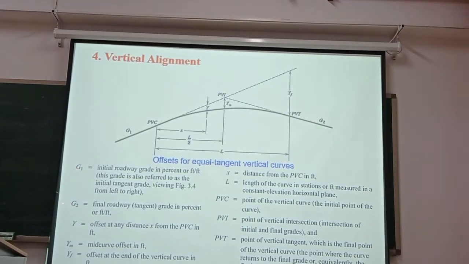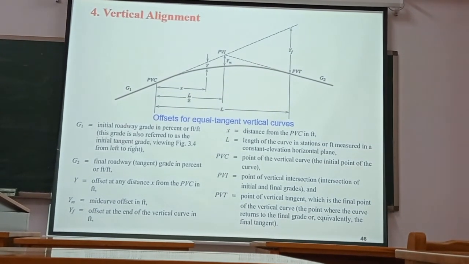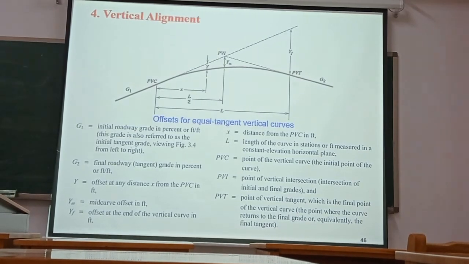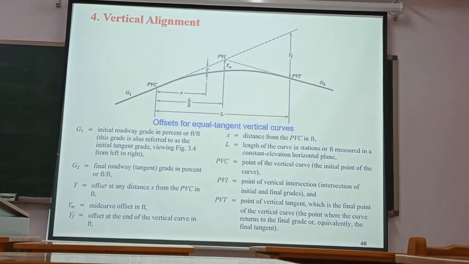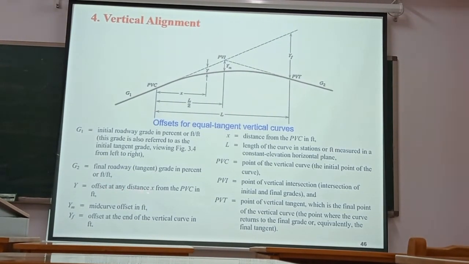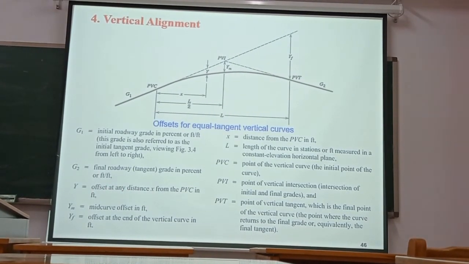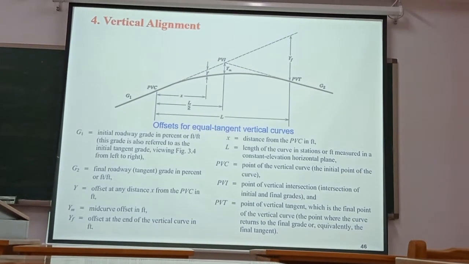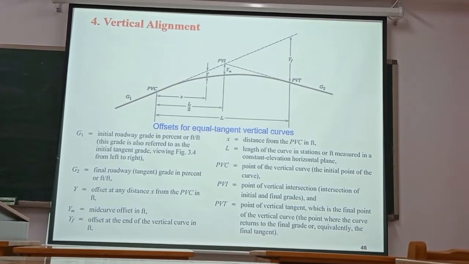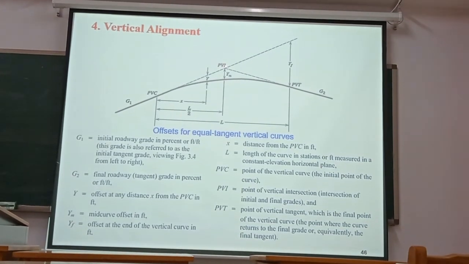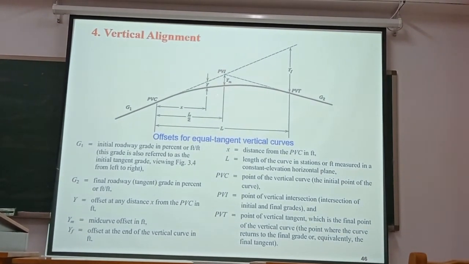G1, G2 is like before. Y is offset at any distance x from the PVC in feet. Ym is the middle curve offset in feet, like this from PVI to the curve.